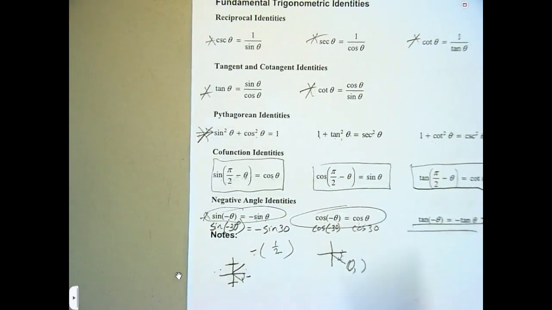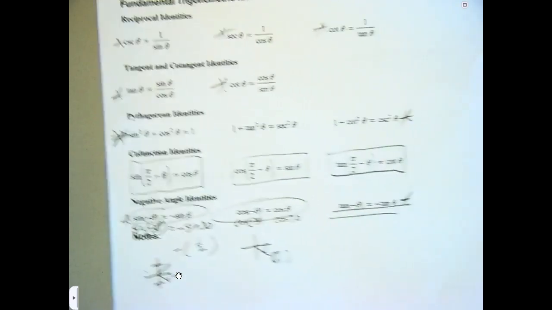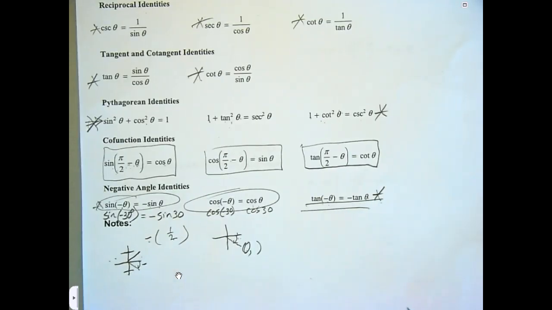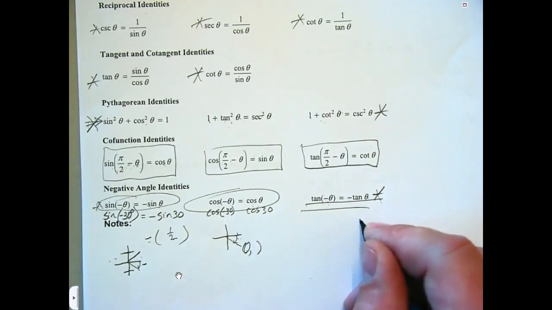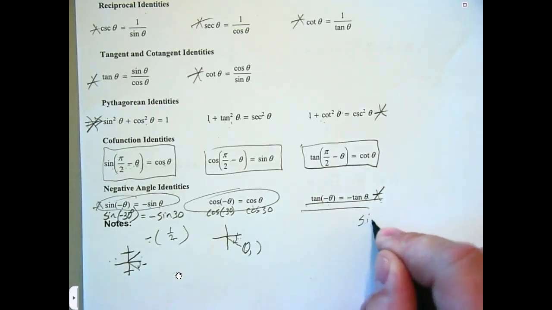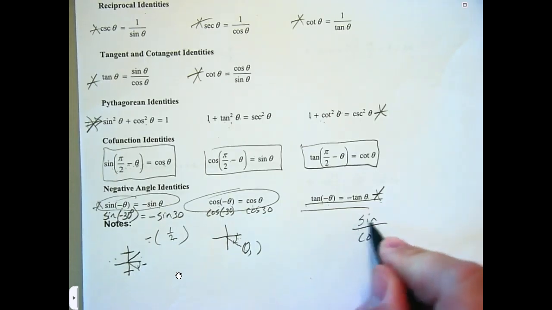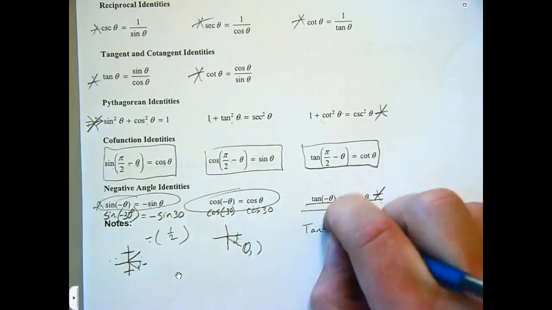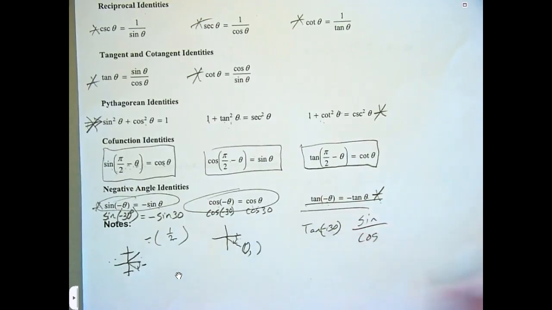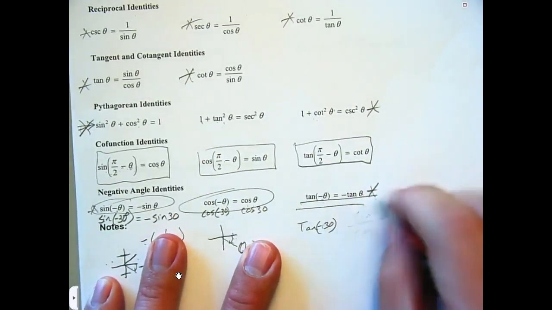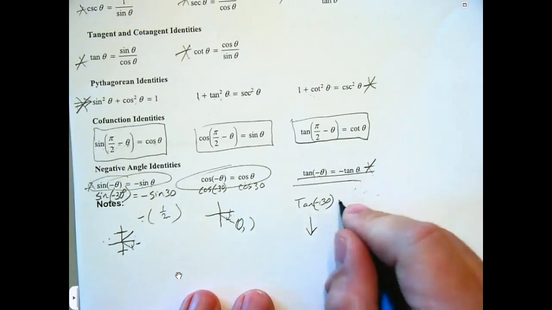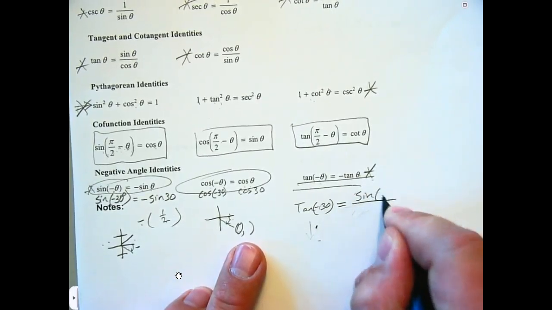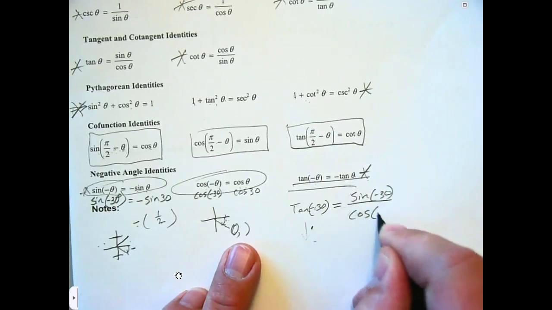Now notice tangent. Why does tangent actually change? Cosine doesn't. Sine does. Why does tangent? Yeah, because it's sine over cosine, right? Tangent is sine over cosine. And if one of these changes, if the tangent of negative, let's say 30 degrees, right? Rather than tangent negative 30, you could think of that as the sine of negative 30 over the cosine of negative 30.